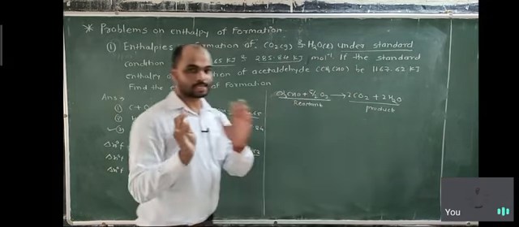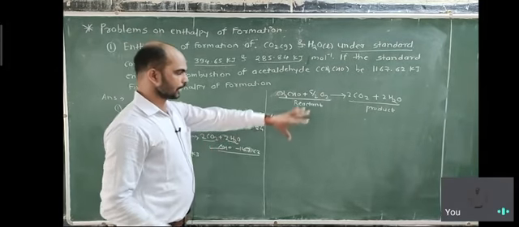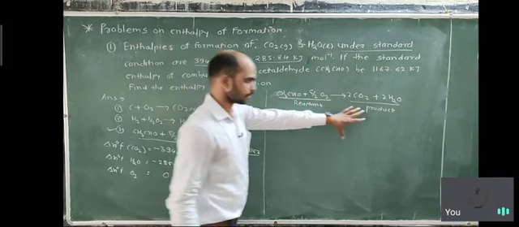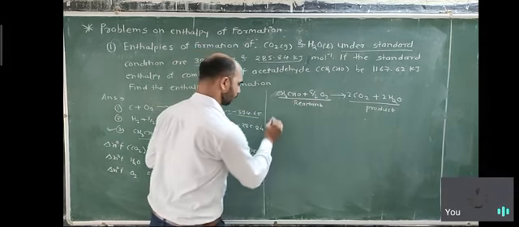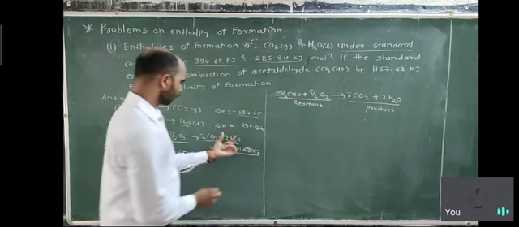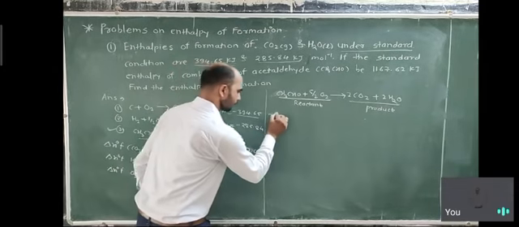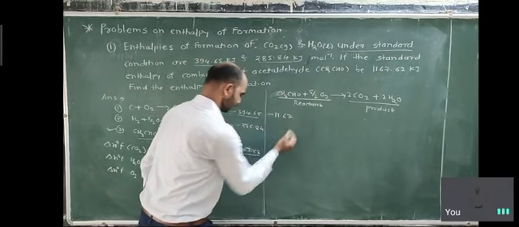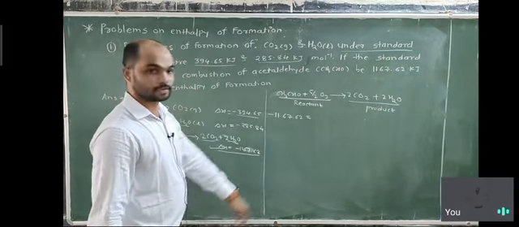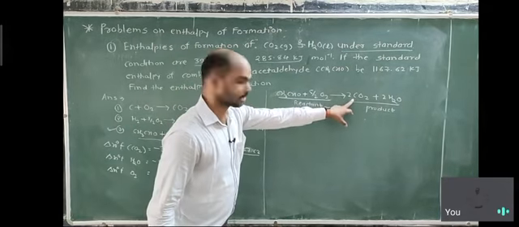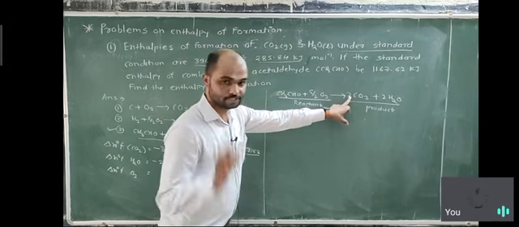So combustion reaction: the heat of combustion is equal to the sum of the heats of formation of the products minus the sum of the heats of formation of the reactants. So here, what is the value of the heat of combustion? There is a minus 1167.62, which is equal to the sum of the heat of formation of the products. So here, this is the product, and the coefficient is 2.